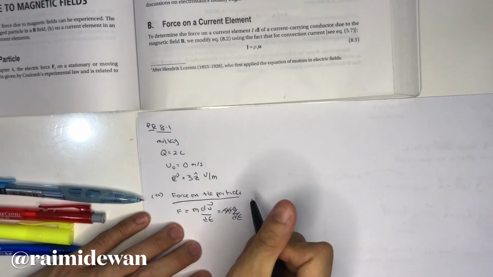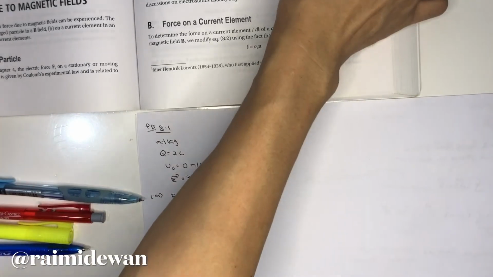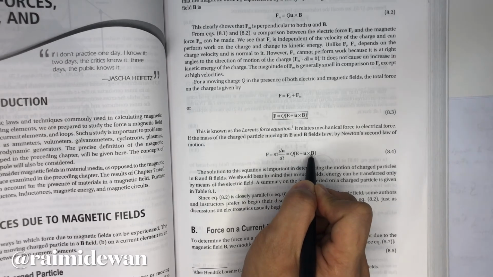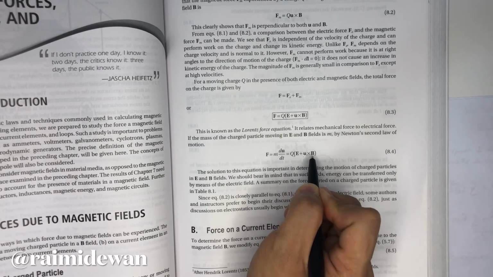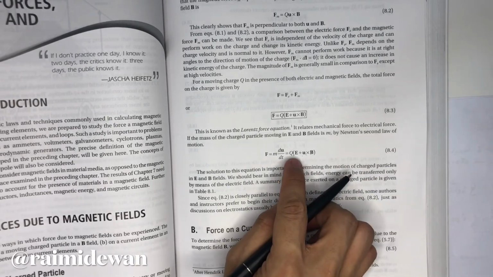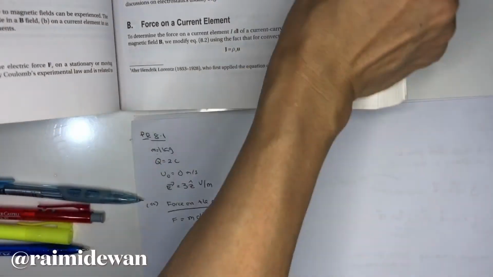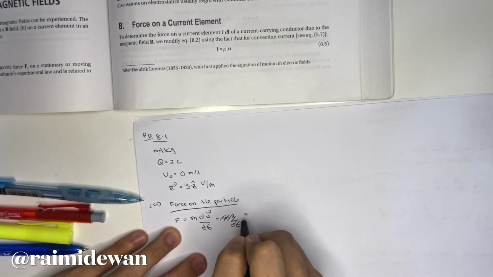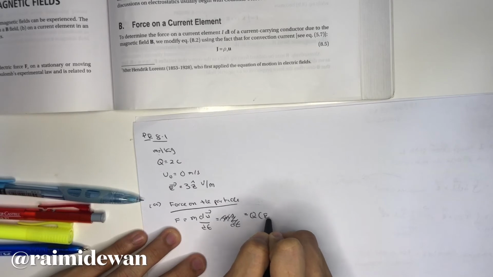And then you also know that here is actually QE plus U times B, and because our U is 0, it means it's not moving, initial velocity, so we just have F equals QE. Am I correct? We continue to write, for your understanding.